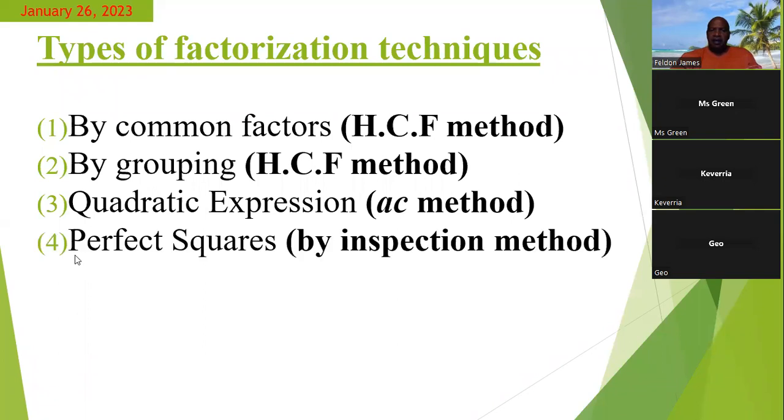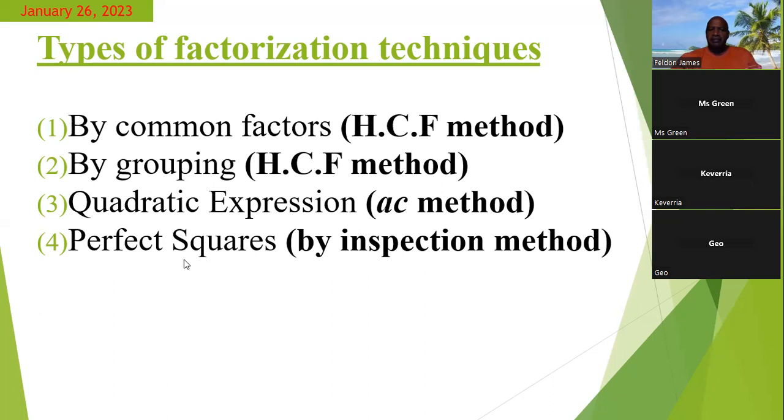Now, we have some expressions that we call perfect squares. Because this is a special type of expression, there's a certain method that we can apply to it. Perfect squares can also be factorized by grouping, or in some cases by the quadratic method.